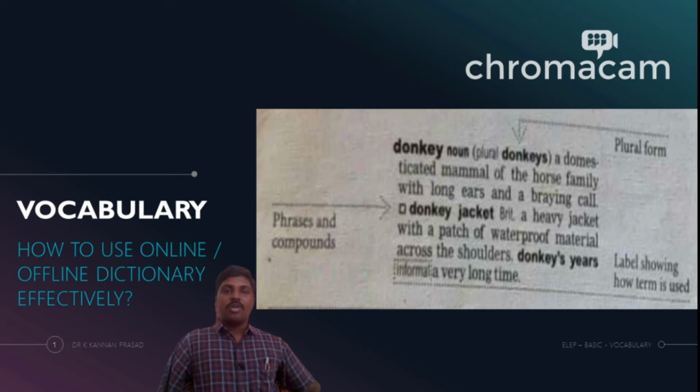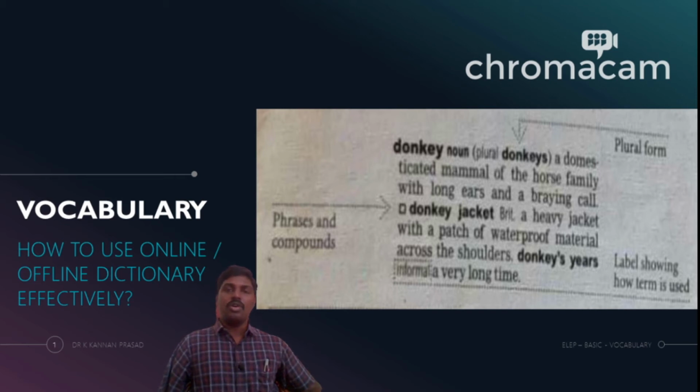Now there is another variant you see here. You could see that after the meaning is given, there is a hollow square bullet, following which you have the phrase called donkey jacket. Now there are phrases which we also use in the English language. We don't just use words in English, we also use phrases.